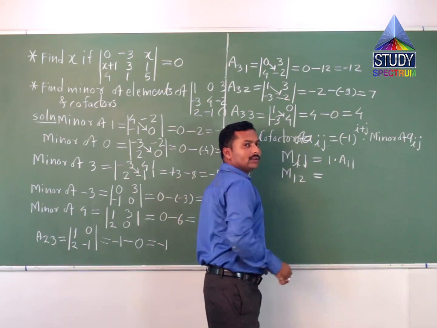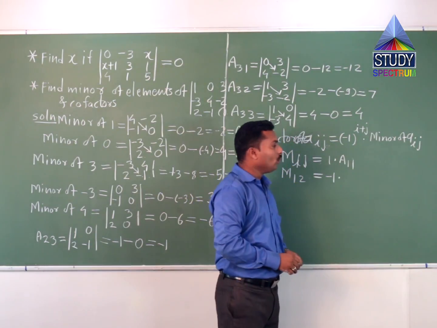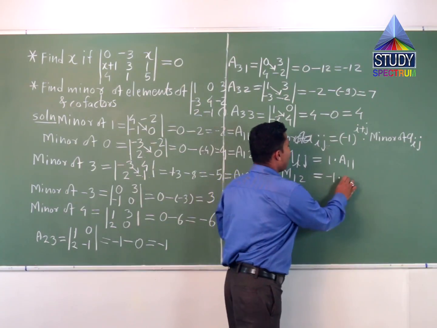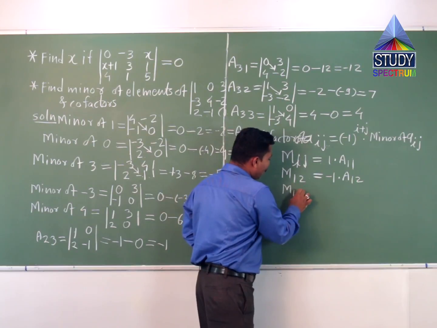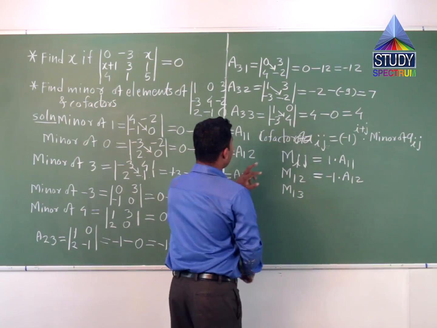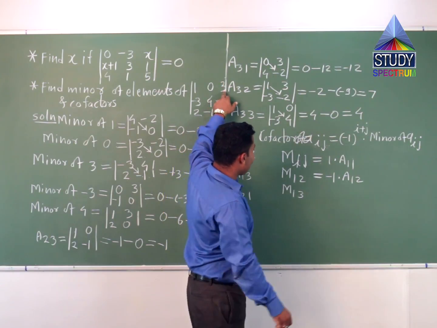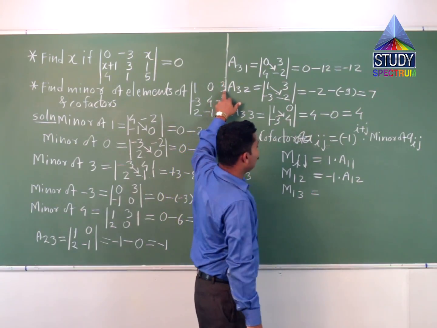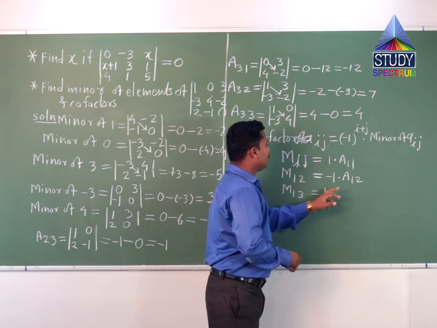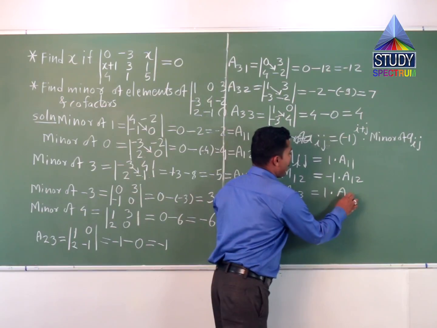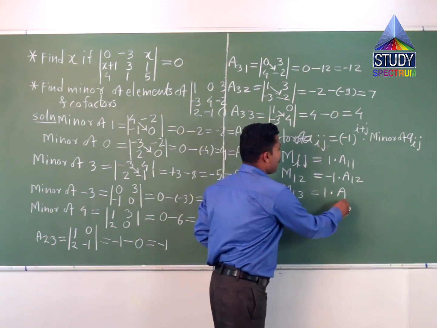M12 means the next number: plus 1, minus 1 into A12. M13 means the cofactor of the third number, which is plus 1 into A13.